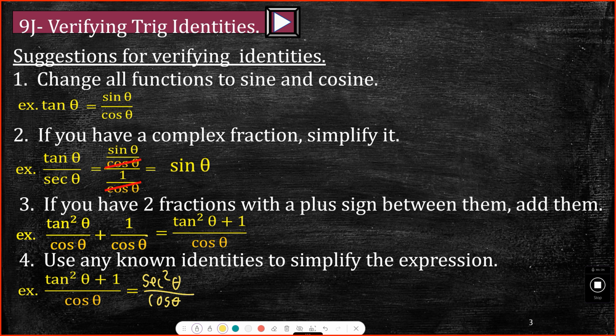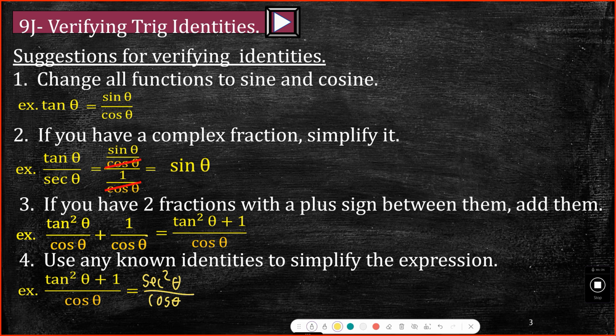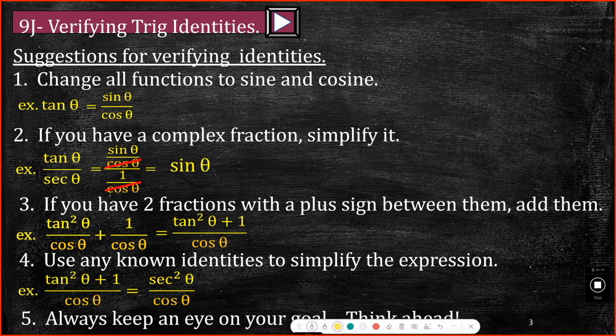And one last suggestion. In reality, there's a lot of suggestions. I just took out the other ones, but there's more. And we just gotta do this. We always keep an eye on the goal. What's the goal? You gotta think ahead.